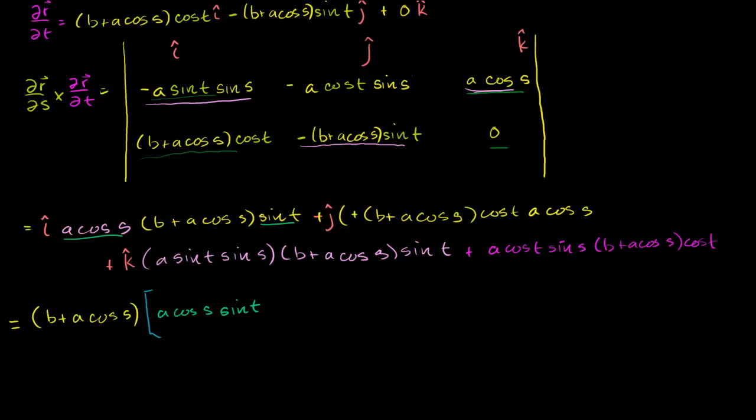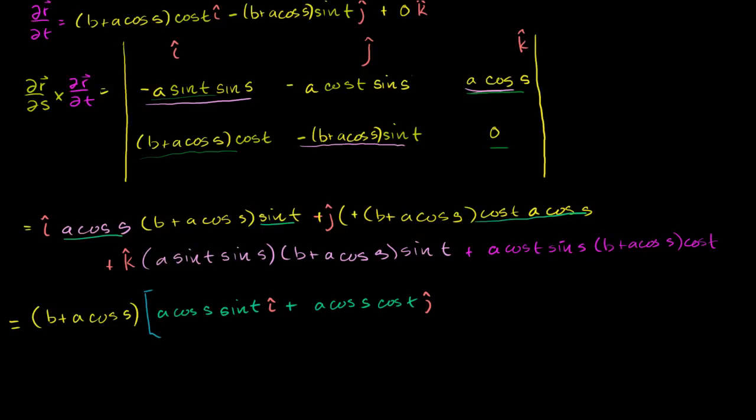You're not used to seeing the i before it, so I'm going to write the i here. And then plus, we're left with a cosine of s cosine of t, times the unit vector j.